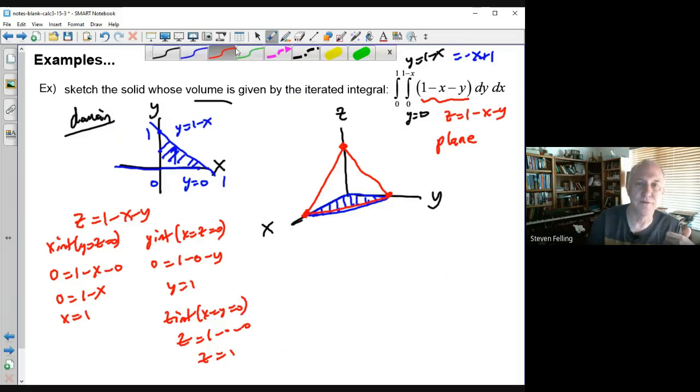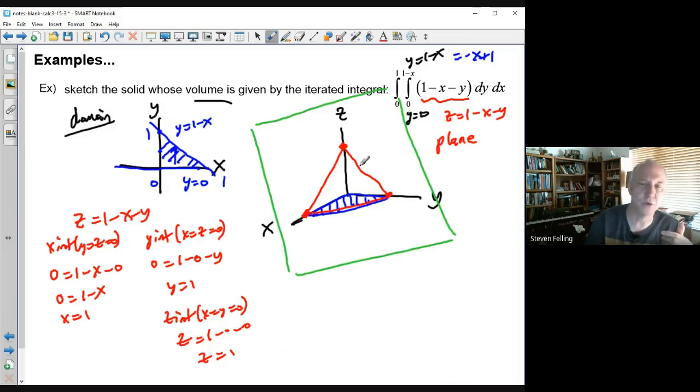So what we really have is a plane in three-dimensional space that's cutting into octant 1 like that. And so the volume is given by this region here. It's basically all the stuff that's underneath this surface, between that and the xy plane, right? So that green volume in there that's bounded by all these edges, the coordinate planes like that.